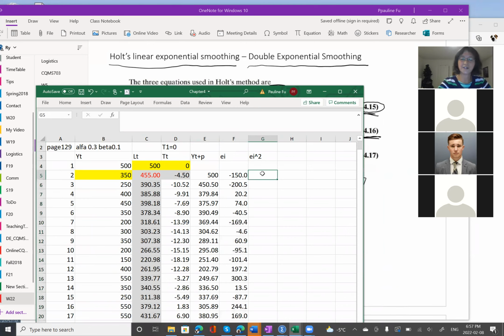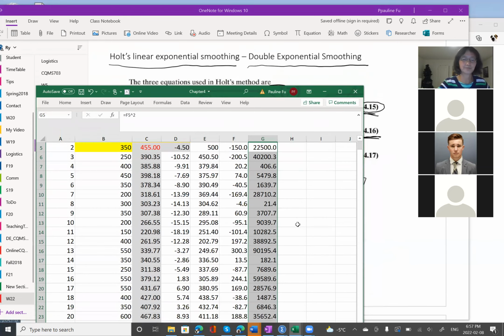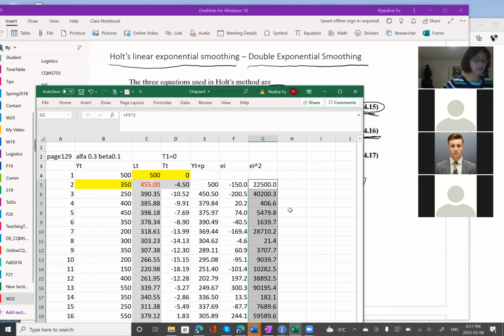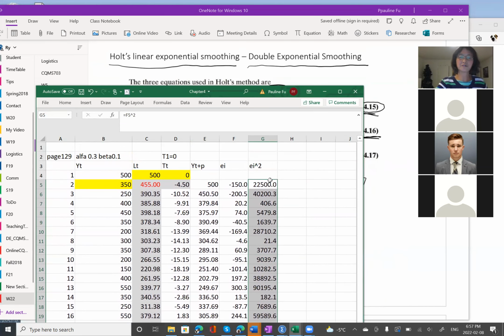And then E_i squared, it is just this number, squared. And double click. The reason we want to calculate the error is because we want to compare when you use different alpha and beta. So for example, if you take the average of this E_i squared, what do you get? The average.